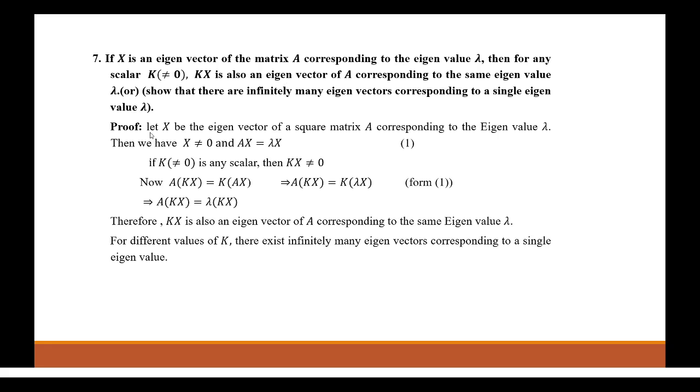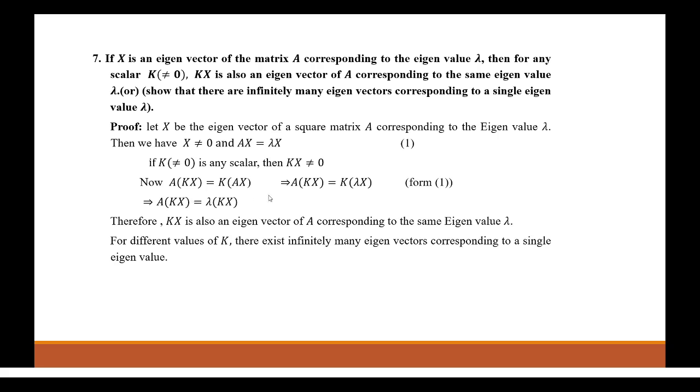In the proof, let x be an eigenvector of a square matrix A corresponding to the eigenvalue lambda, and this x is not equal to 0 and Ax is equal to lambda x. If k is not equal to 0 with any scalar, then kx is also not equal to 0. Then A into kx is equal to k into Ax.